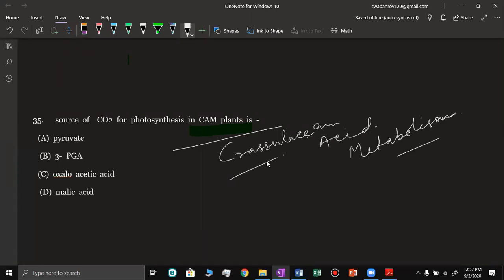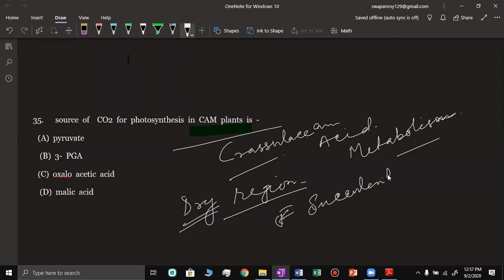This is another kind of plant which grows in desert areas and dry regions. These are succulent plants, like Bryophyllum and other plants, where the leaves are thick and fleshy.